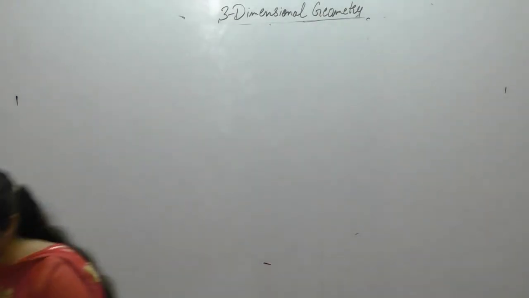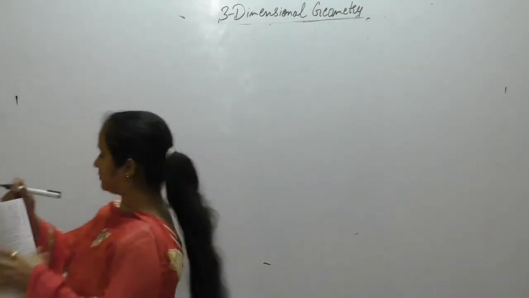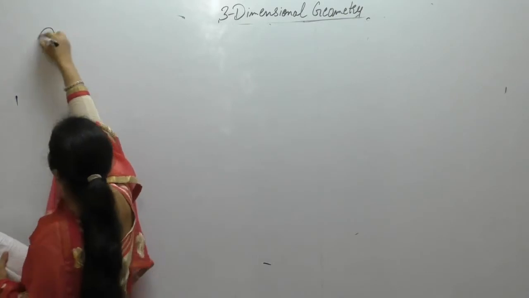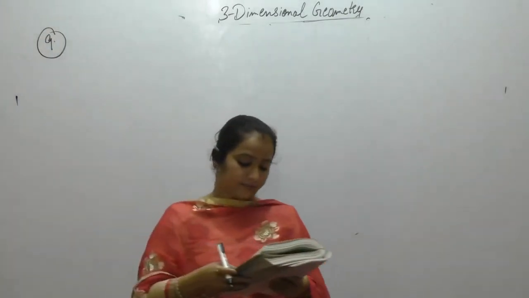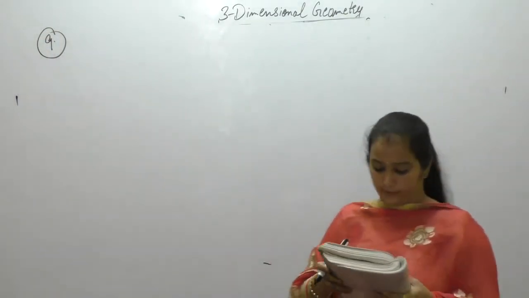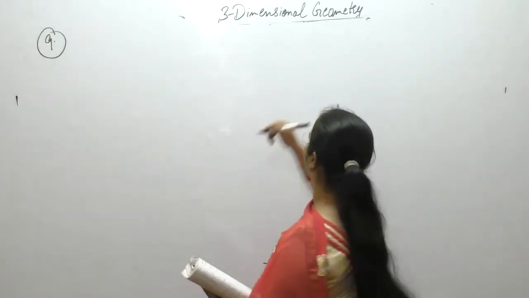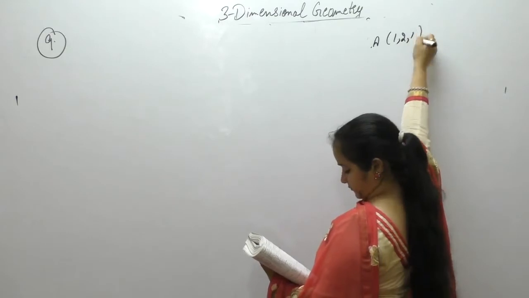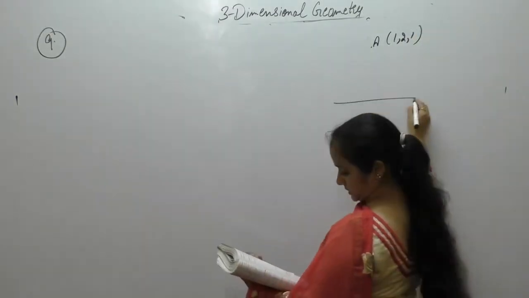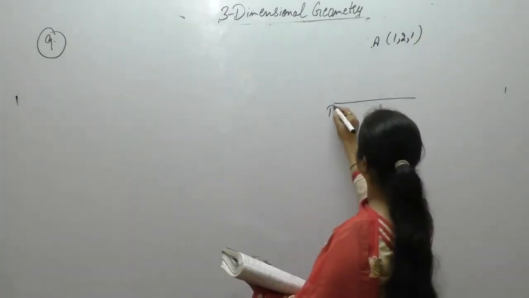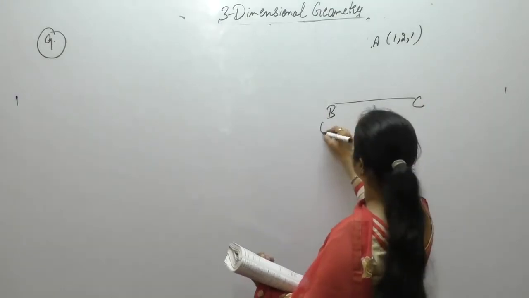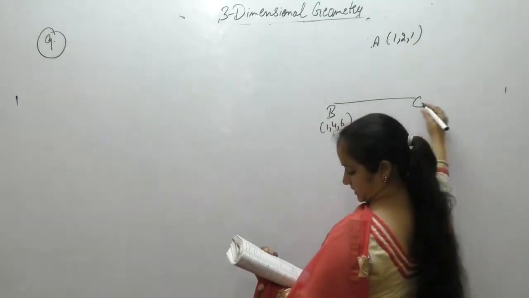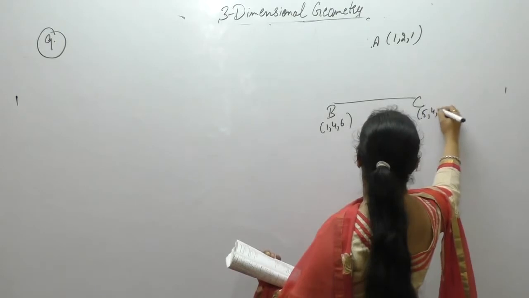Now the next one, question number 9. Find the coordinates of foot of perpendicular drawn from the point A 1, 2, 1 to the line joining BC with coordinates 1, 4, 6, 5, 4, 4.